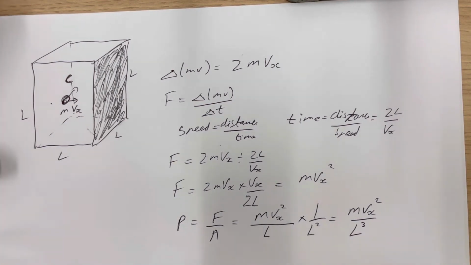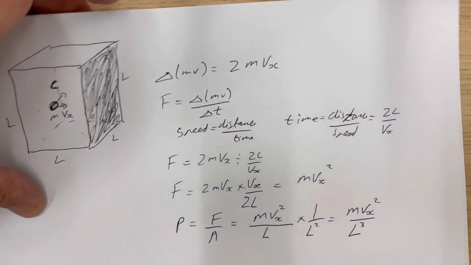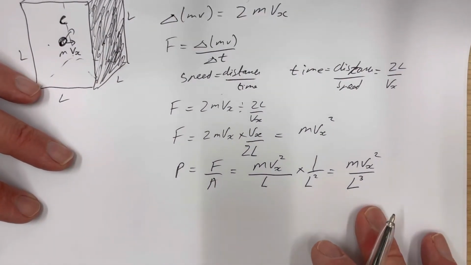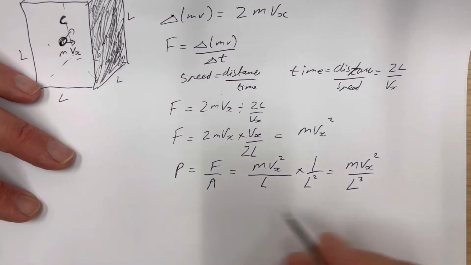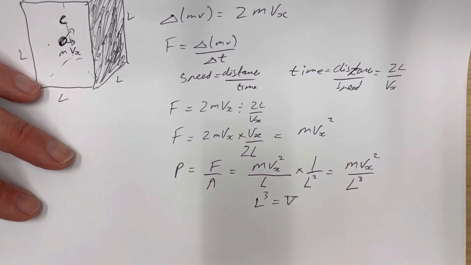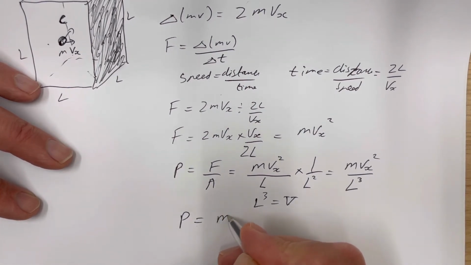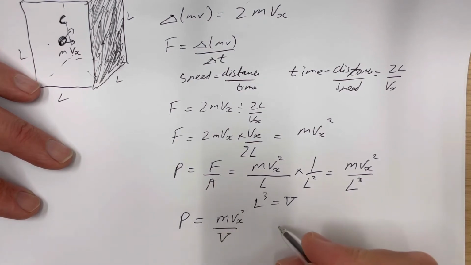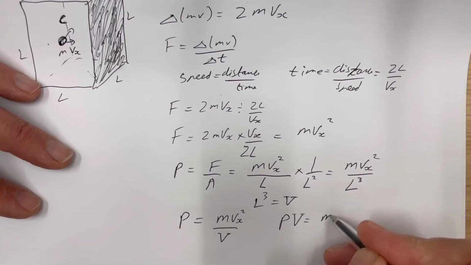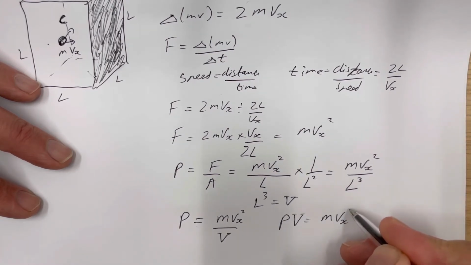And this is looking somewhat hopeful in terms of our derivation, because we're just about to start seeing some of the things that we would recognise from the end of it. Because clearly L cubed is equal to the volume of that container, the volume of that cube. So we've now got P is equal to m v_x squared over the volume, or for a single particle on one face, PV is equal to m v_x all squared.